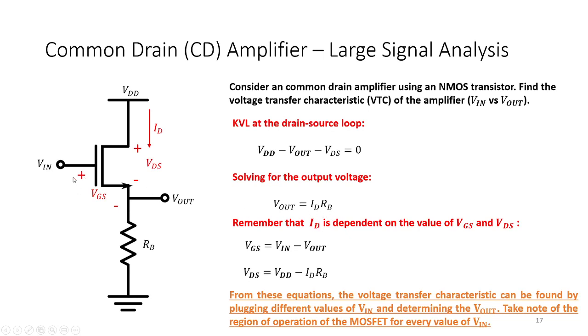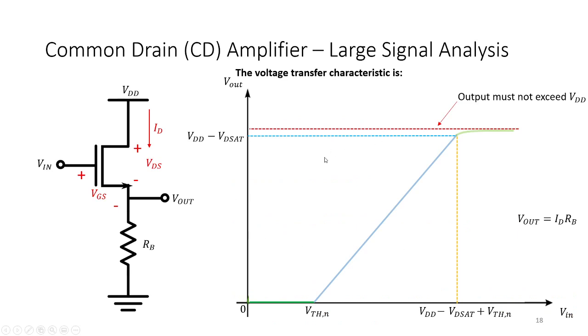Remember, there is no gate current. We need to find the region of operation, so we find VGS and VDS. VGS is simply Vin minus Vout, and VDS is simply VDD minus ID RB. We're just going to do what we did earlier: sweep the value of the input and find the output. So we will get this.